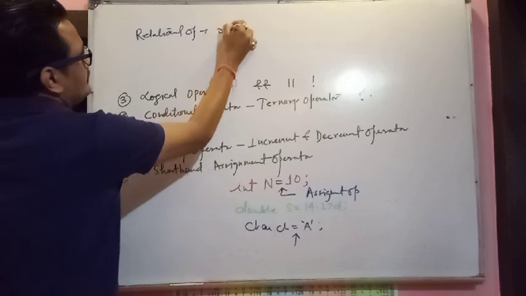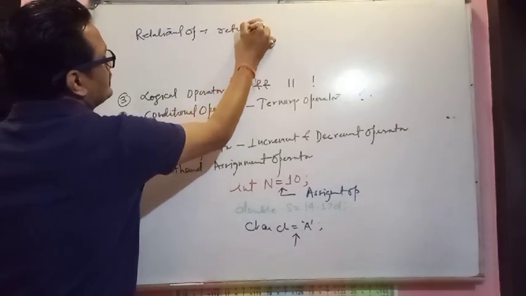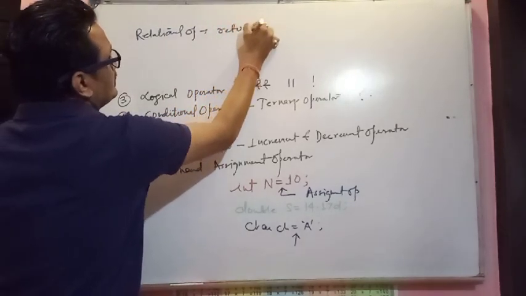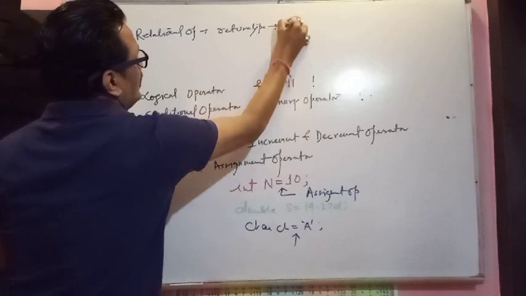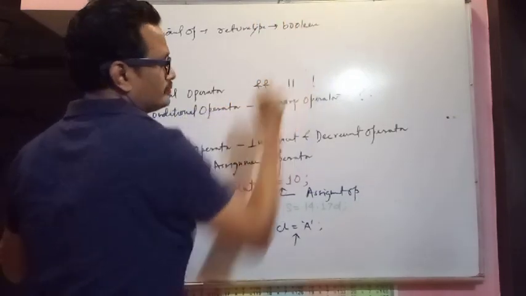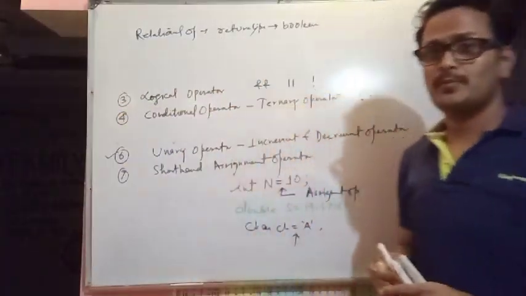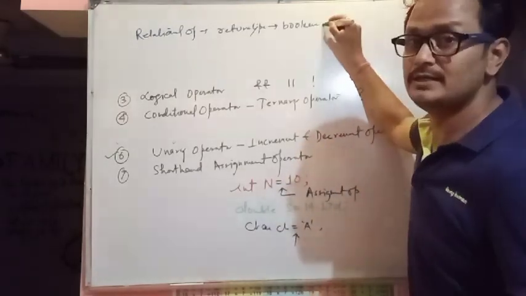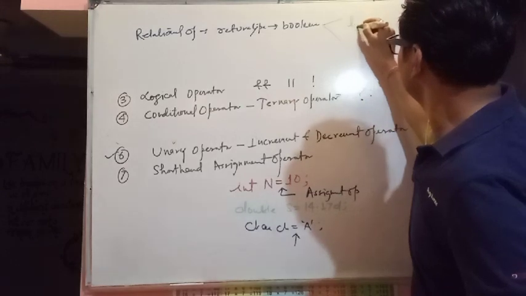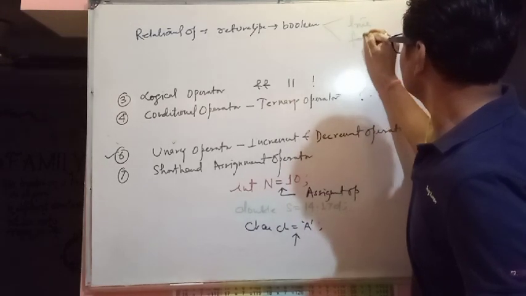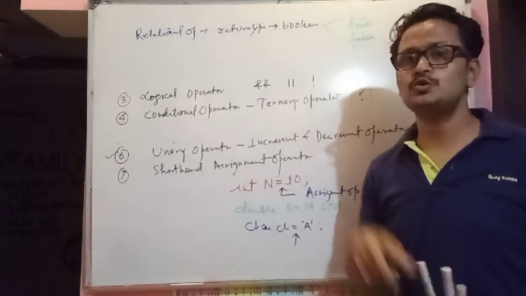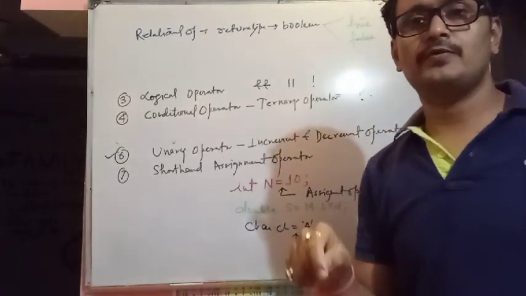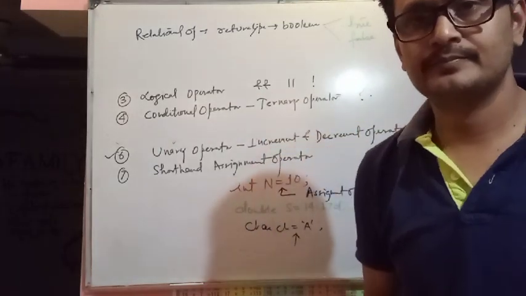The return type of a relational operator will be Boolean. Boolean means it will return either true or false. It will return two values, maybe true, maybe false, depending on the condition.